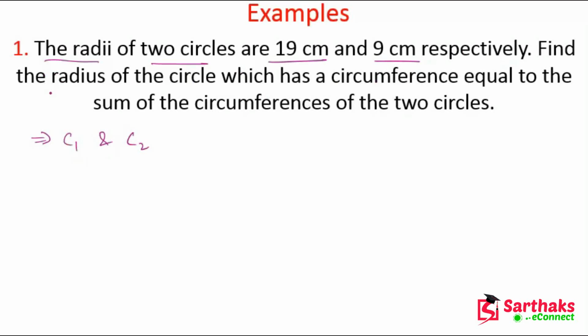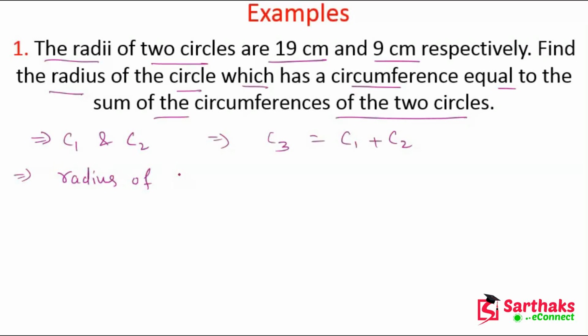Find the radius of the circle which has a circumference equal to the sum of the circumferences of the two circles. So we have a circle C3 whose circumference is equal to the circumference of circle C1 plus the circumference of circle C2.